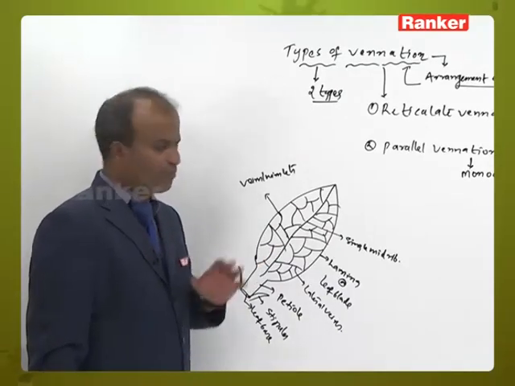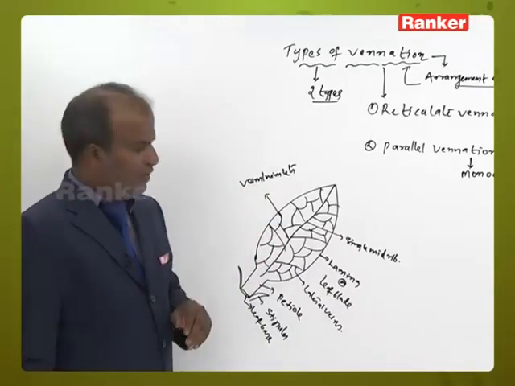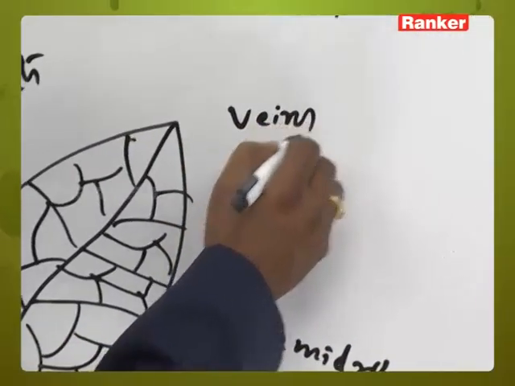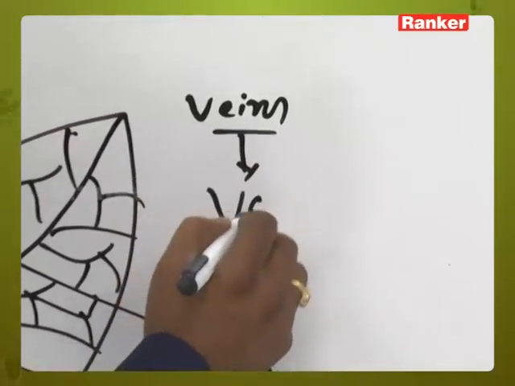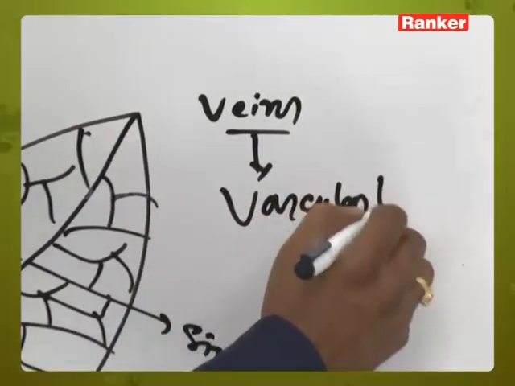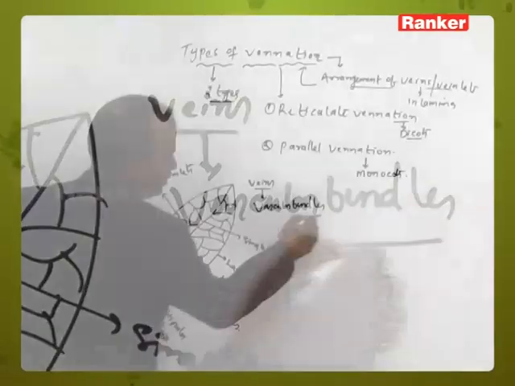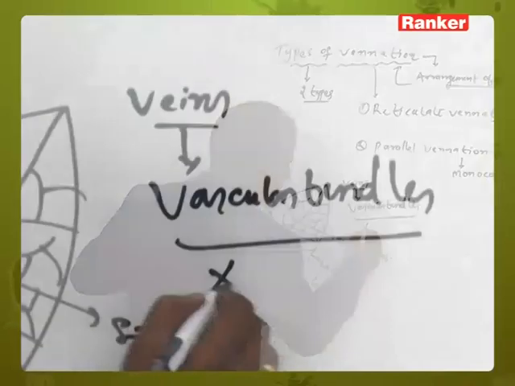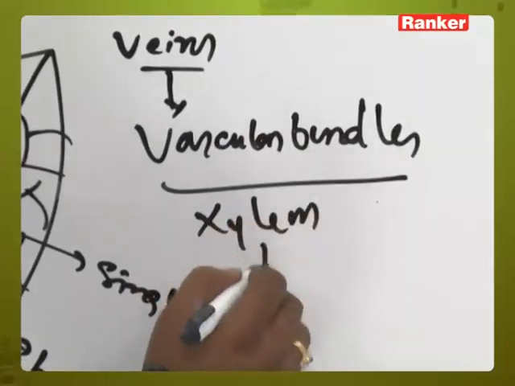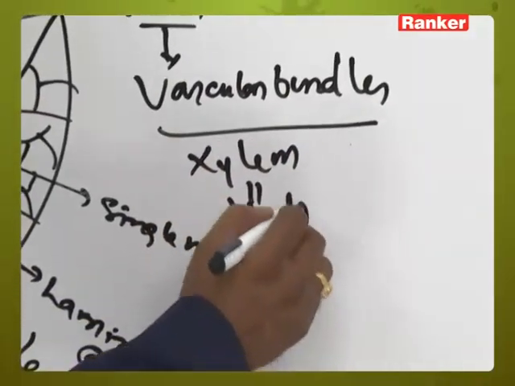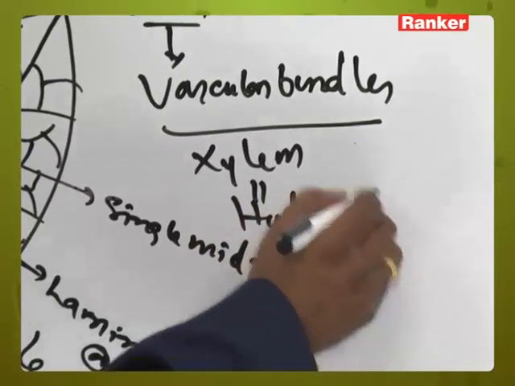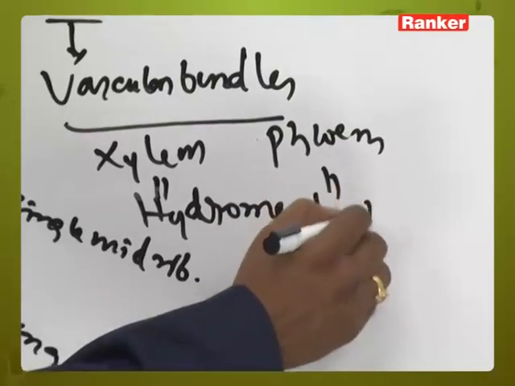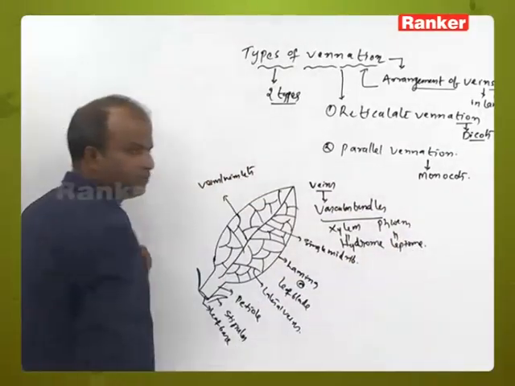These veins are nothing but vascular bundles. Veins show xylem, which is hydrome, and phloem, which is leptome.